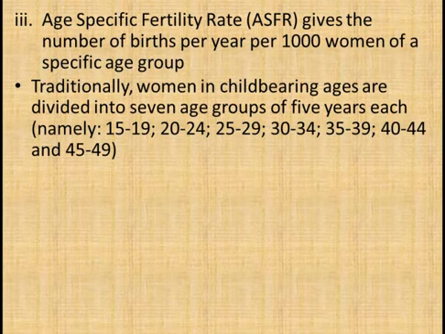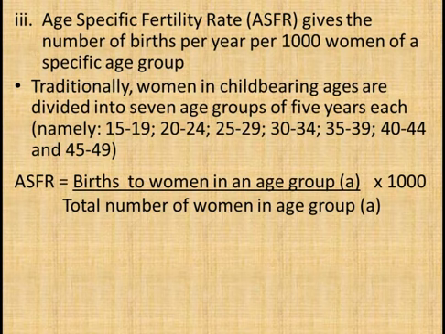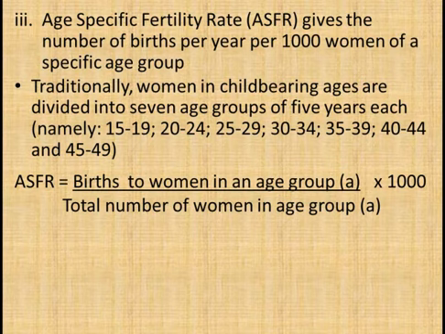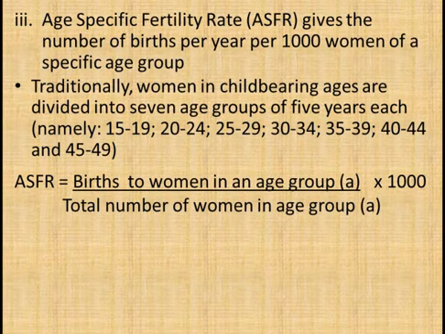As a formula, age-specific fertility rate equals births to women in an age group A divided by the total number of women in an age group A times 1,000.